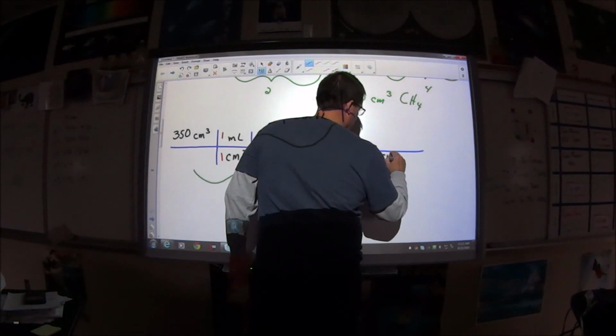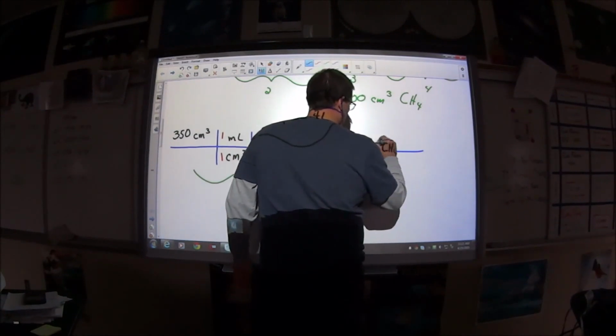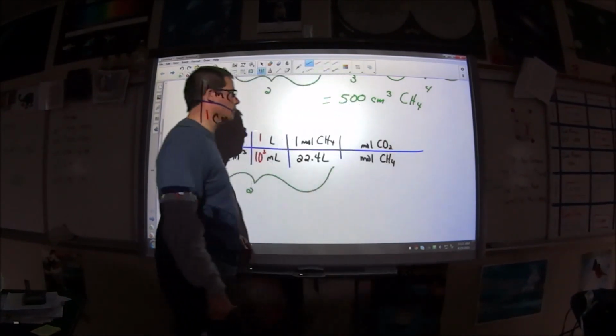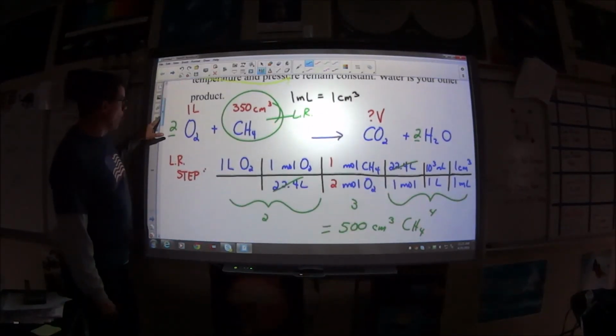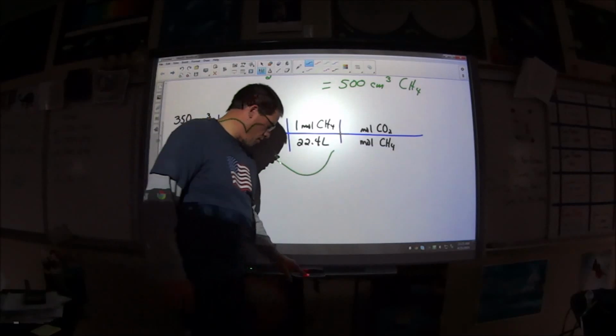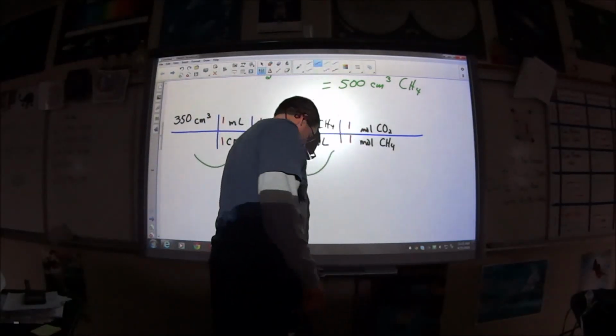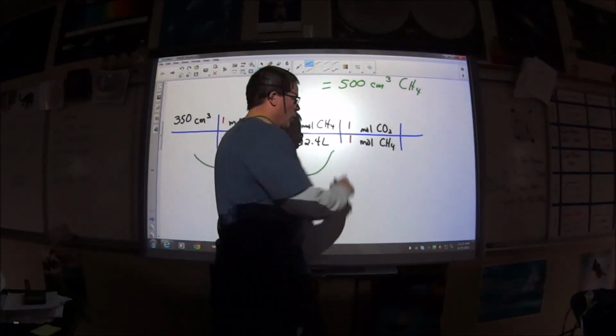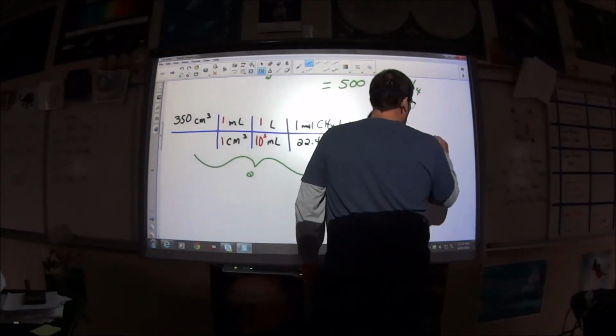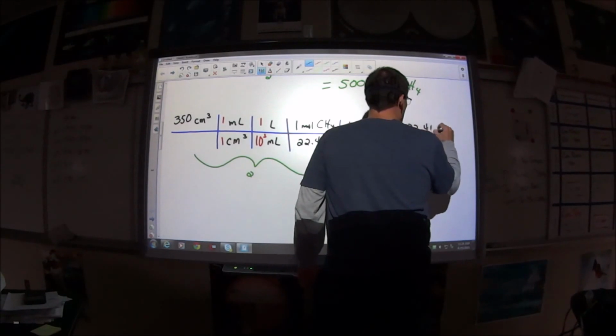So moles of methane to moles of carbon dioxide. And what were the values there? So it looks like 1 and 1. And then the question wanted to know what the volume is. So again, 1 mole of any gas is 22.4 liters.